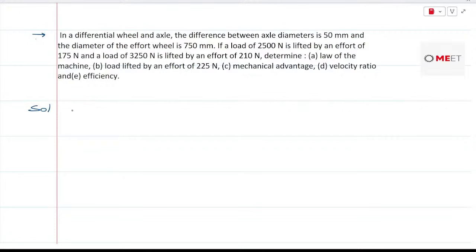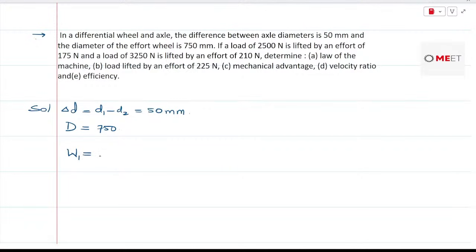So the difference in diameters, let's say delta D, which is D1 minus D2, is equal to 50 mm, and the diameter of the wheel, the bigger one, is 750. If a load of 2500 is to be lifted by an effort of 175 newtons and a load of 3250 is lifted by 210 newtons, determine the law of machine.